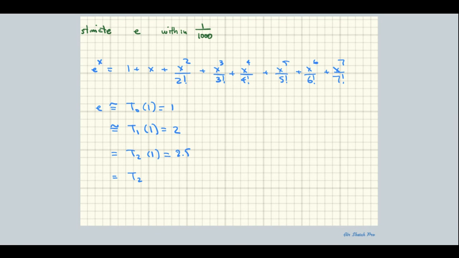T3 of 1. For T3 of 1, I'm going to start with T2, 1 plus 1 plus 1 over 2 factorial, and then I'm going to add 1 over 3 factorial, where I recognize 3 factorial is 6.